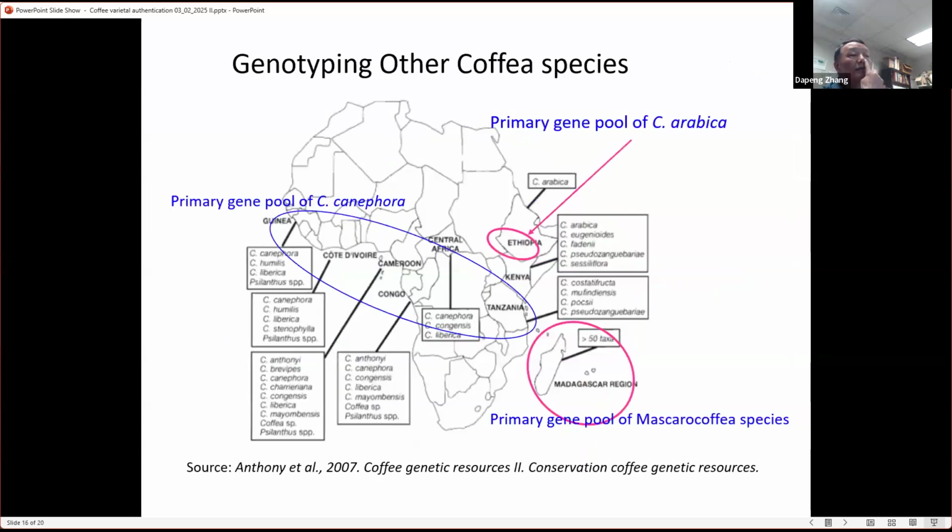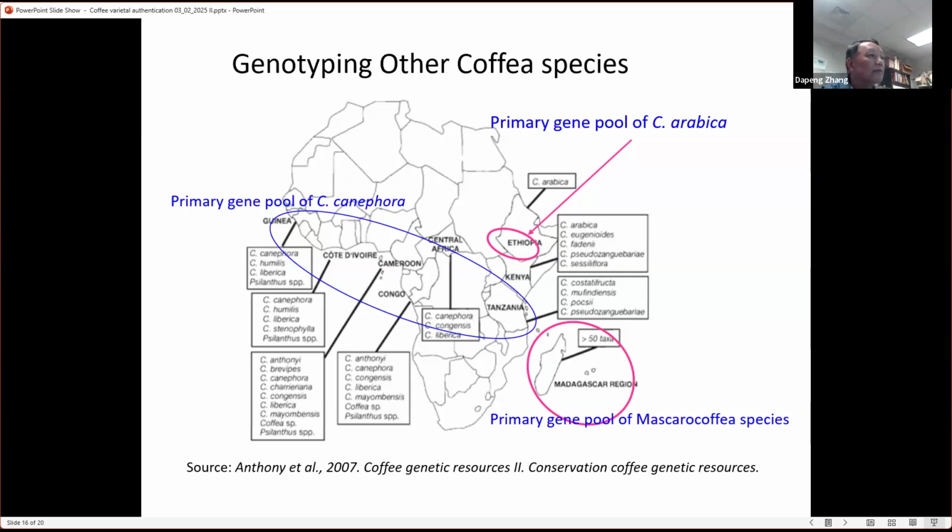What I'm trying to point out here is that Arabica diversity is just a very tiny group of diversity in the whole Coffea gene pool. We have many other sources of resistance which we may take advantage of and use in breeding programs, right?